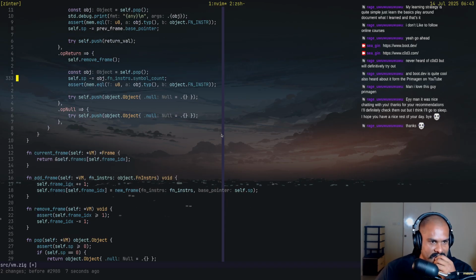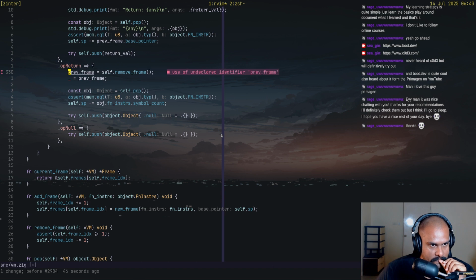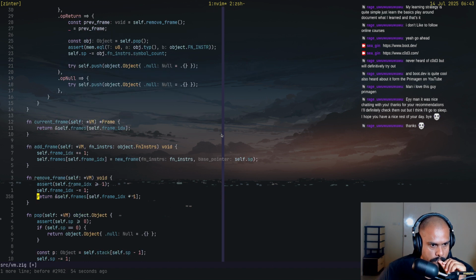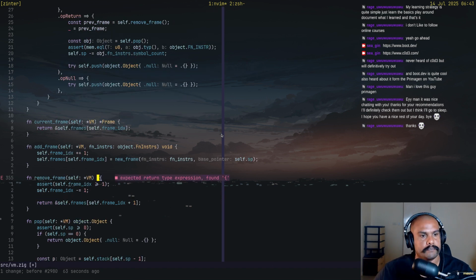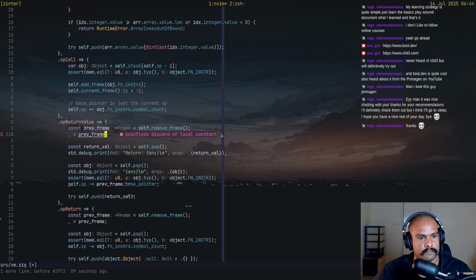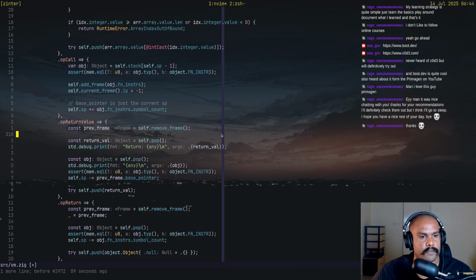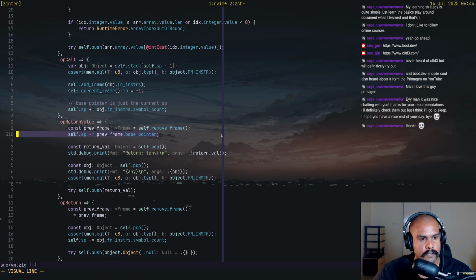I need the previous frame. Delete that. Then the stack pointer should be the base pointer.